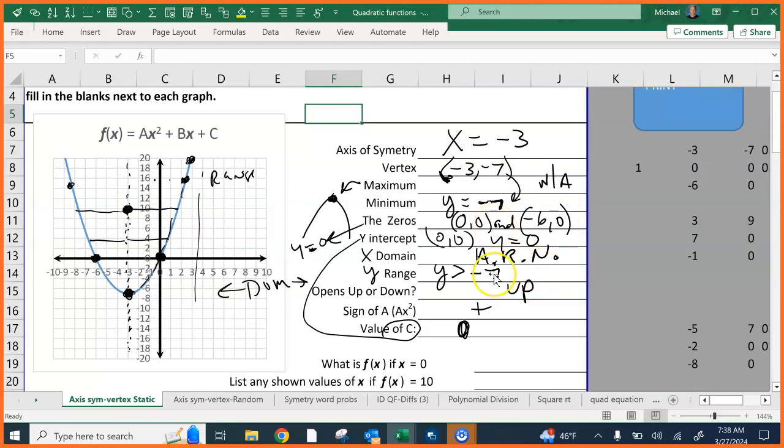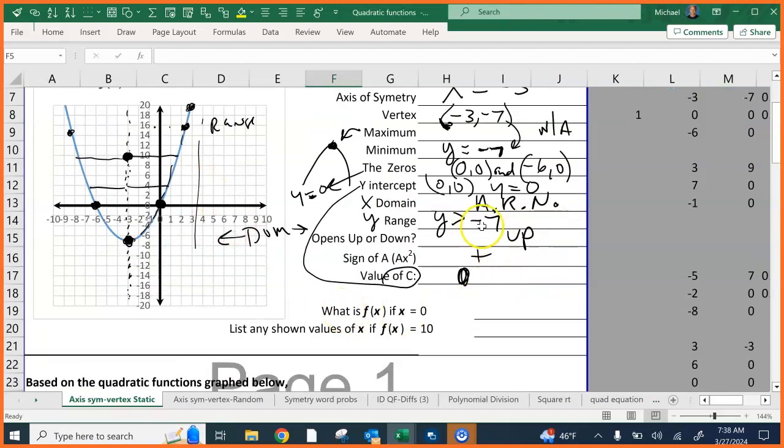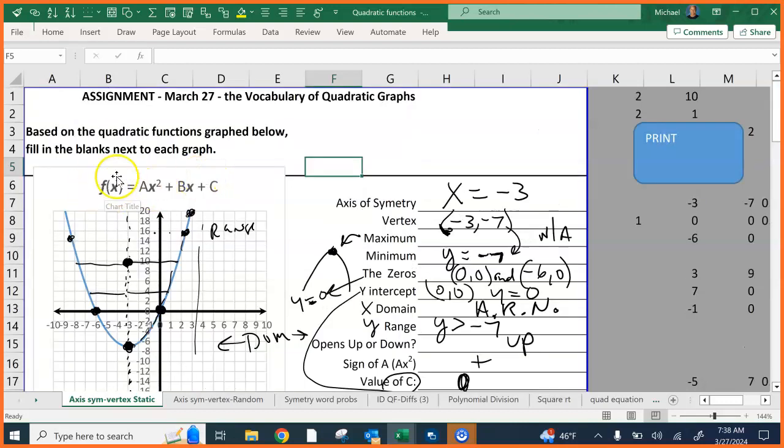So I'm going to keep going a little bit more because now that we've got this, we want to make sure we understand how to read it and get values from it. This first one is saying, what is f of x if x is equal to 0? Well, I go where x is equal to 0, right there, and then I say, what's the value of y? Because remember, if you're doing functions, f of x is like the y.